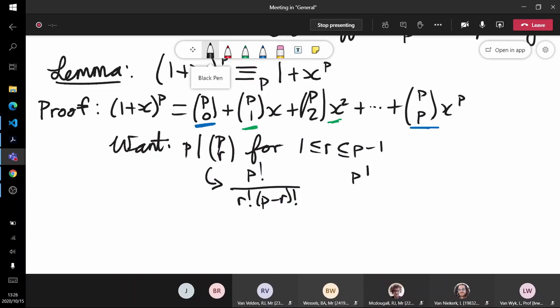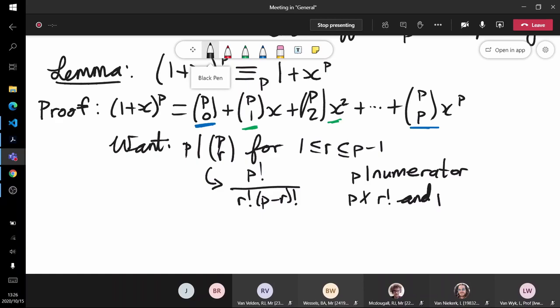So p obviously divides the numerator, because the factorial is a product from 1 up until p, so it obviously has p as a factor. And p does not divide r factorial, so this is where the fact that p is a prime gets used. It doesn't divide r factorial because r factorial is a product of terms less than p.